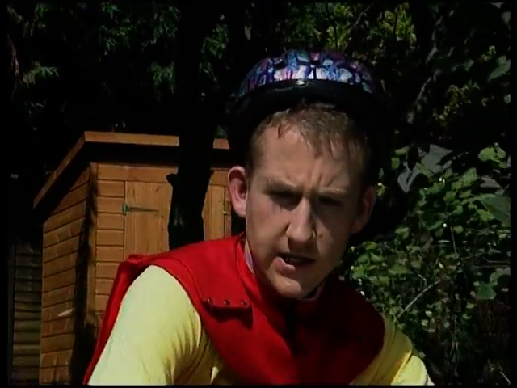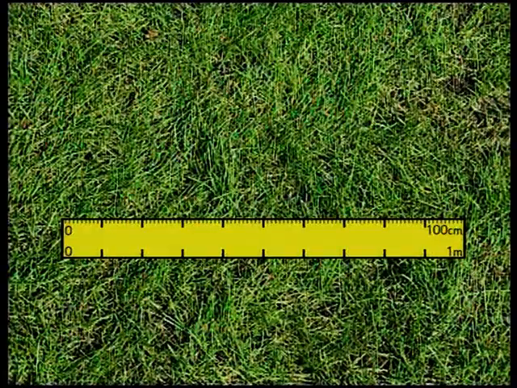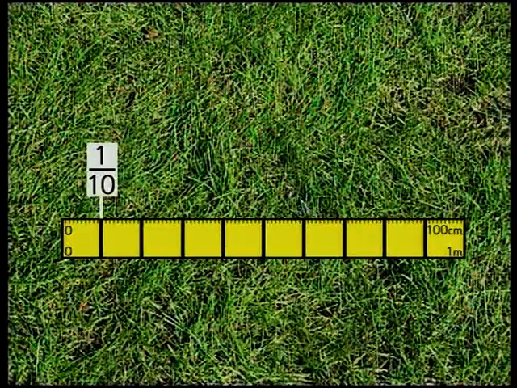I think we need to take a closer look at our metre ruler. We need to find 4/10 of this metre, so let's start by splitting our ruler into 10 equal parts, each part being 1/10 of a metre.